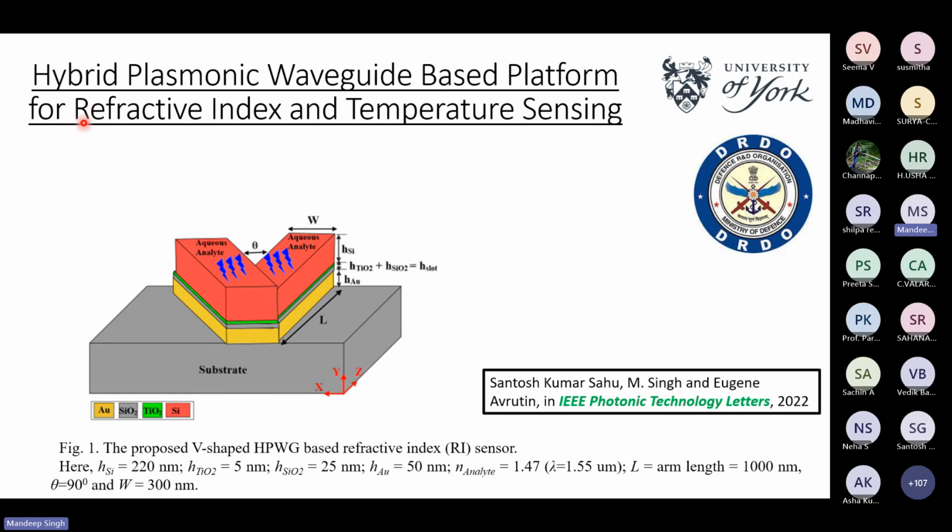Let us first focus on this hybrid plasmonic waveguide based platform for refractive index and temperature sensing. For these sensors, the first task is to find a resonating structure. Sometimes scholars use ring resonators, sometimes gratings. So the first task is to find a novel design for the resonance.